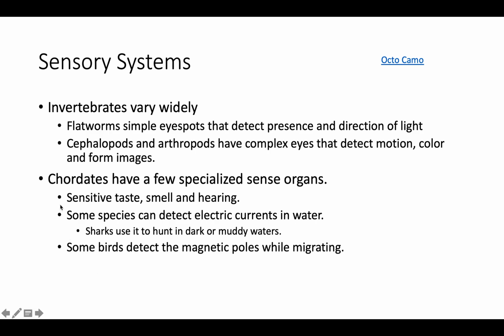And also, birds being able to detect the magnetic poles allows them to migrate, knowing which is north and which is south, so that way they know which direction to fly for the winter. So you have different sensory systems that are put in place.